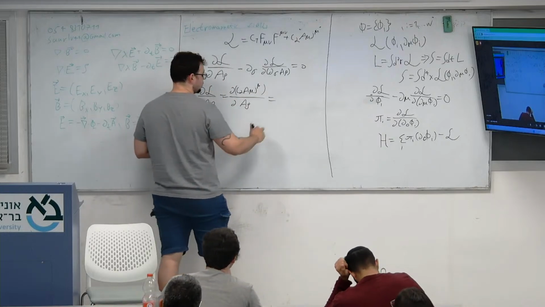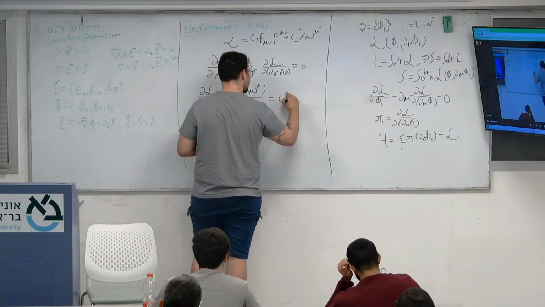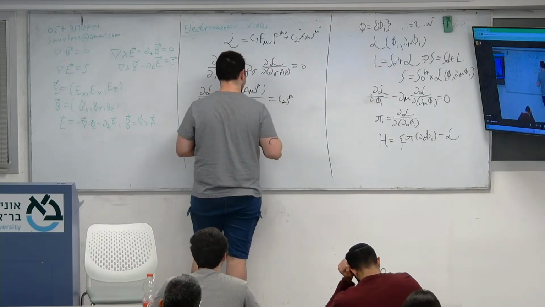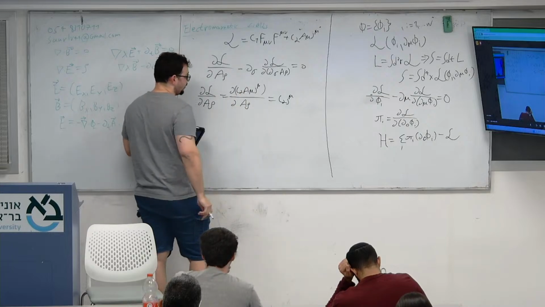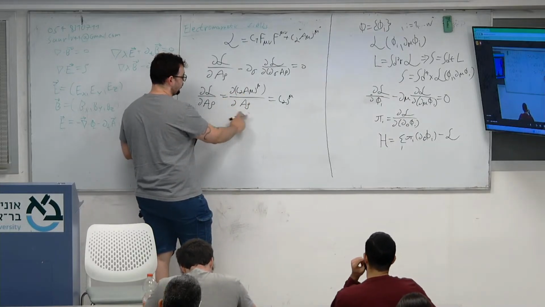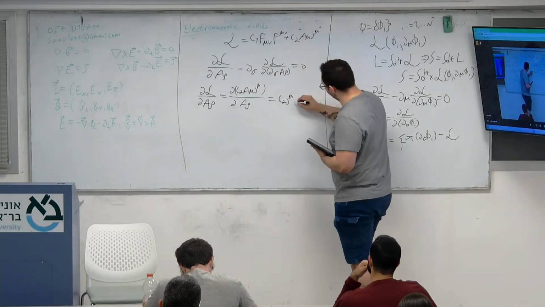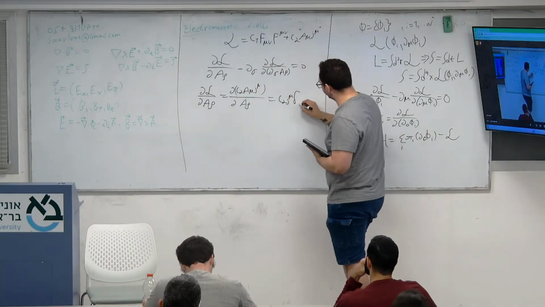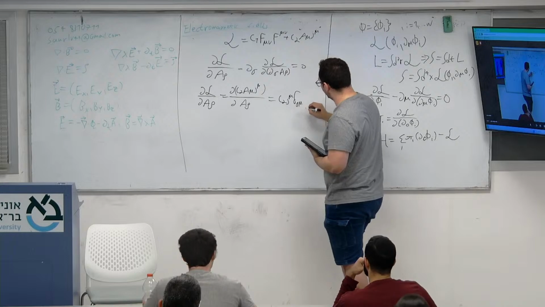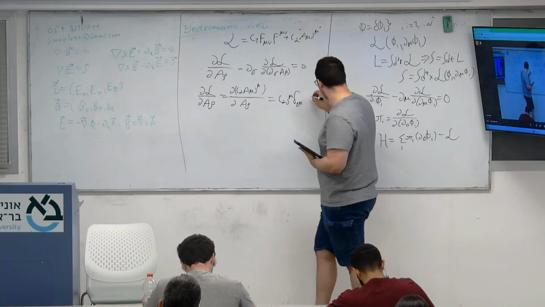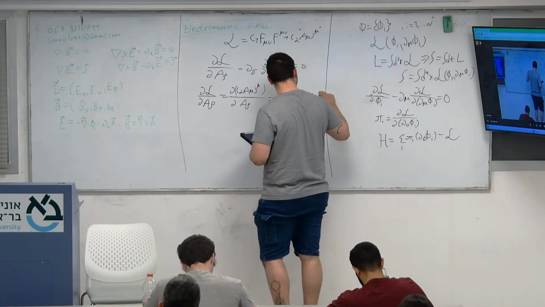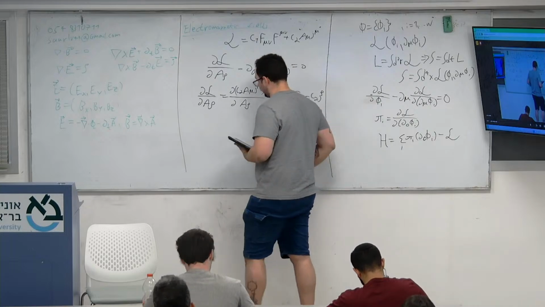C2 and J mu go out. C2 J mu times dou of A mu divided by dou of A rho is just a delta function. So it equals C2 J rho.